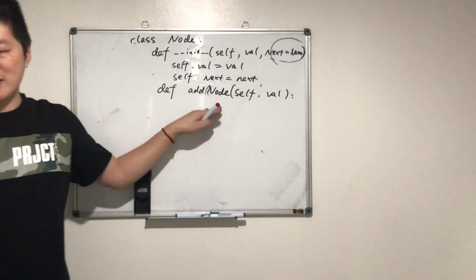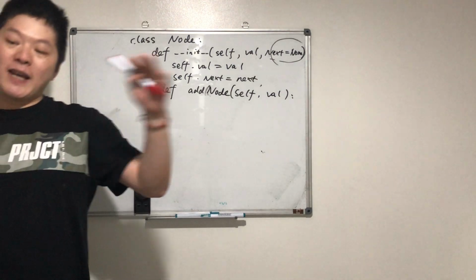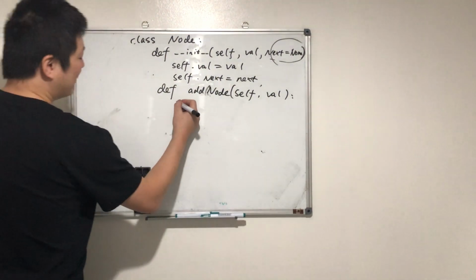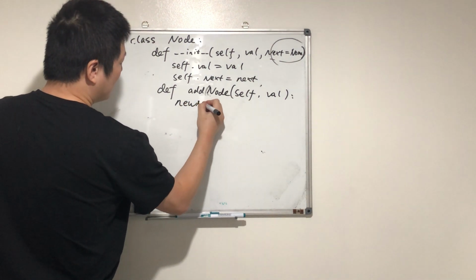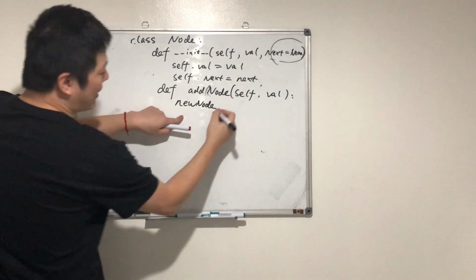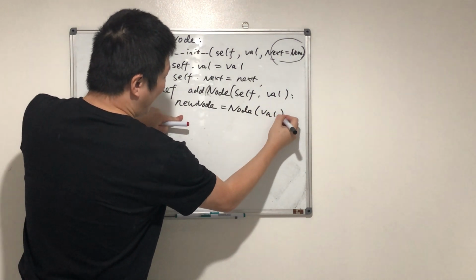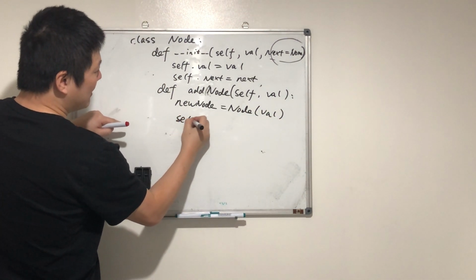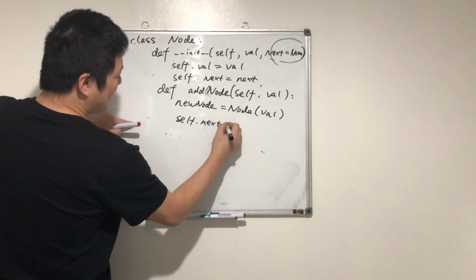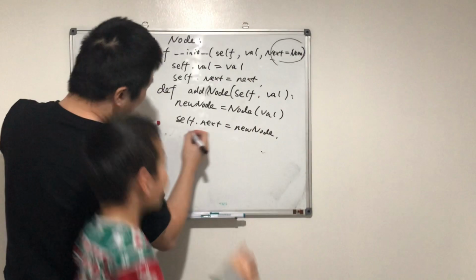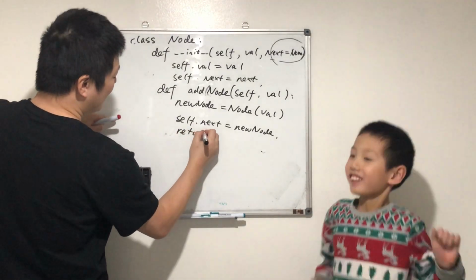It means that we add a method and then we create a new node and put it to the current node. So new node equals Node(value). Then self.next equals new node. We're appending to the end. It's okay to return the new node.